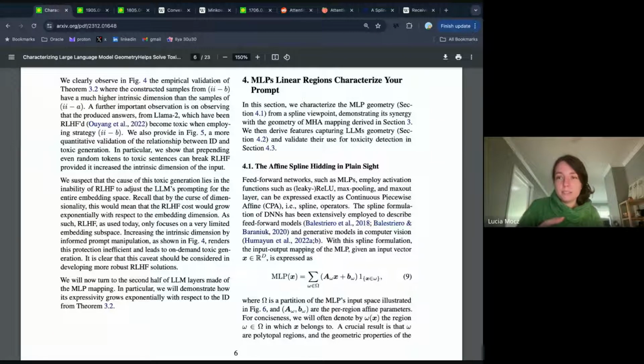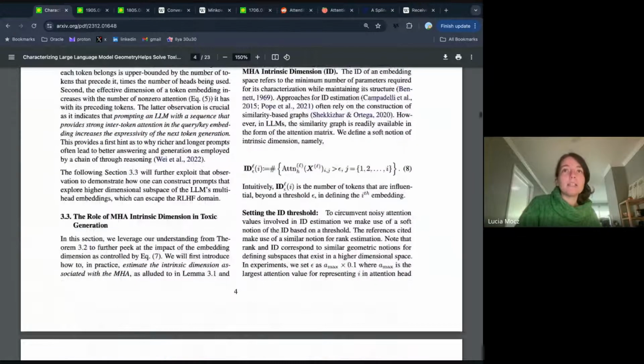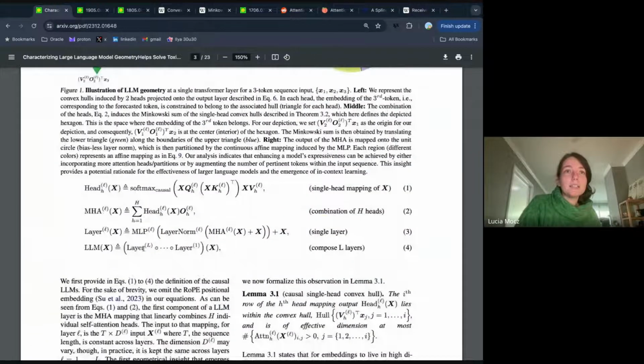What they claim, and I did not go into the background papers to really break down the mathematical formalisms, so if you are interested, I can do another talk where I go into the background papers and break down some of the mathematical formalism. The idea is that they claim there's a different way to formulate what is actually going on in the feed-forward layers. As we understand it, the feed-forward layer is some type of nonlinearity combined with an affine transformation.